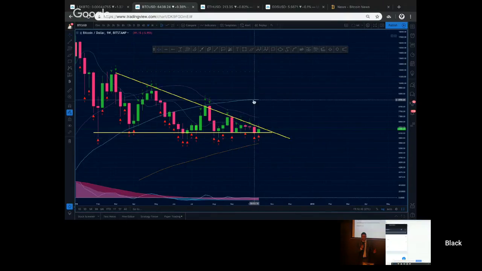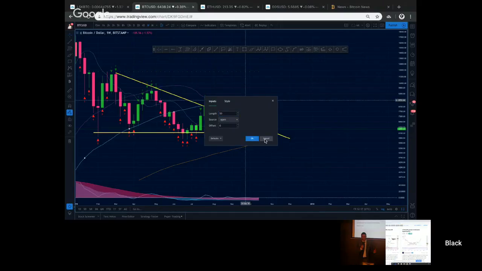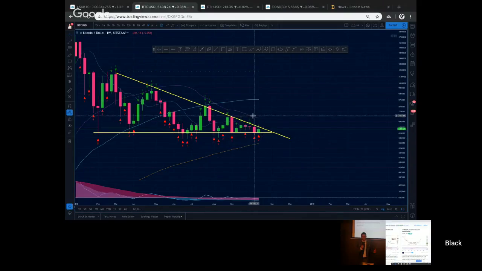And we see moving averages on this screen. This is the moving average 50, which is resistance, and moving average 30, which is also resistance. It's located at 7,200.